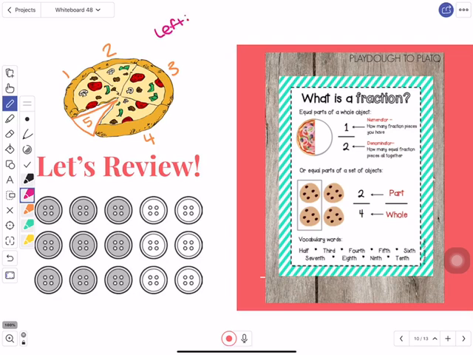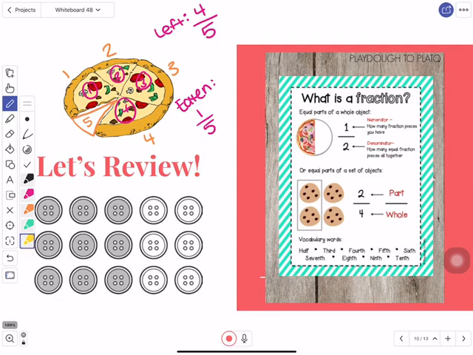We have 1, 2, 3, 4 pieces left. So 4 out of 5 slices remain. The amount eaten would then be 1/5 of the pizza. So what's left is 4/5. What is eaten is 1/5.